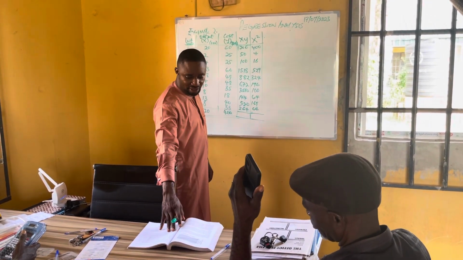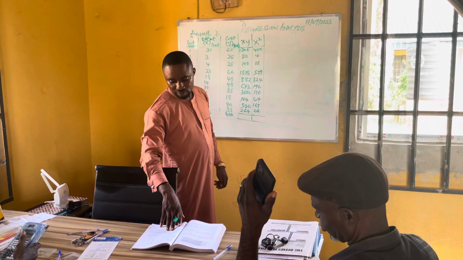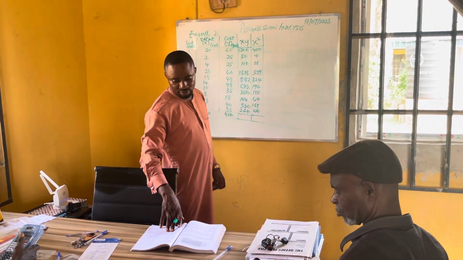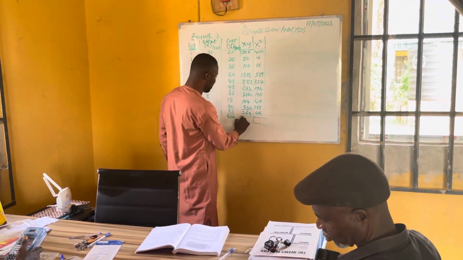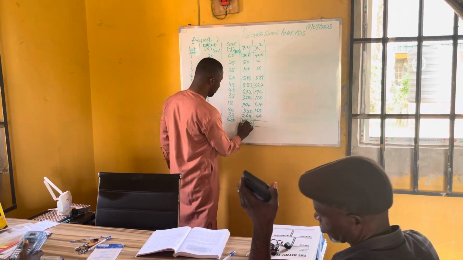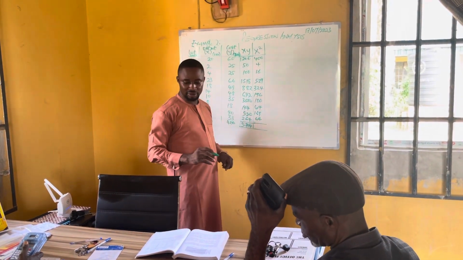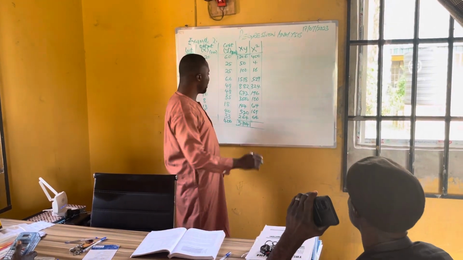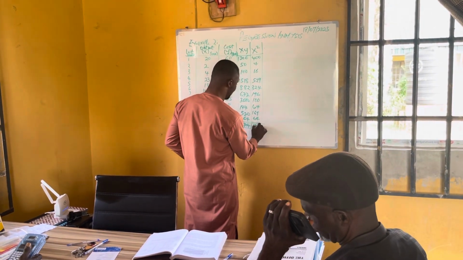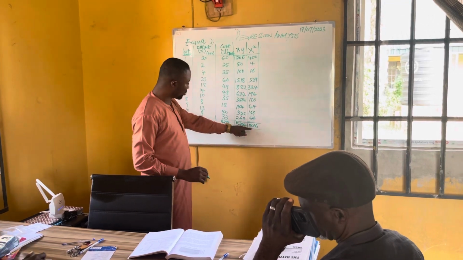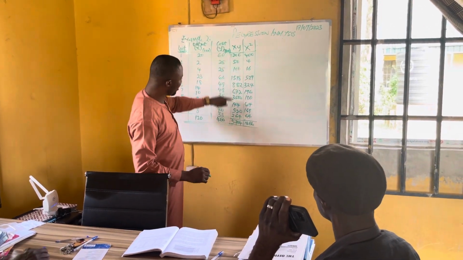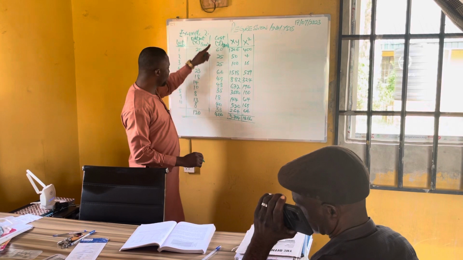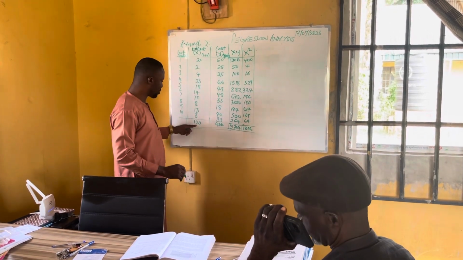Look at the 5,704. Then the next one, 1866. If you add up all of this, it will give you this.